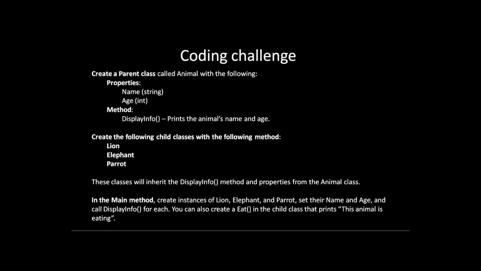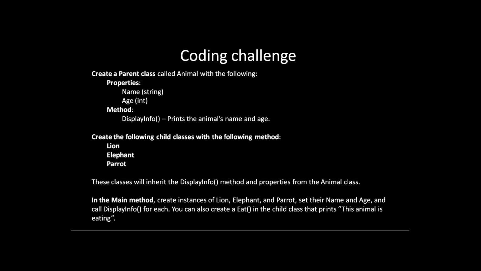Create a parent class called animal with the following properties. Name should be of string type. Age should be of int type. And it must have a method displayInfo, which prints the animal's name and age. And then create the following child classes: lion, elephant, parrot.